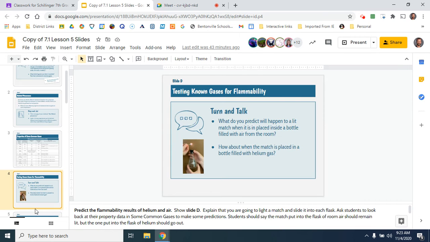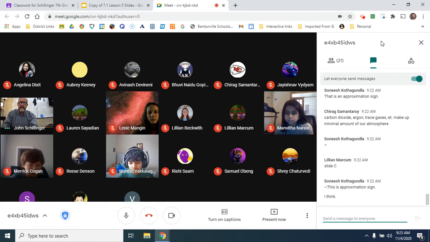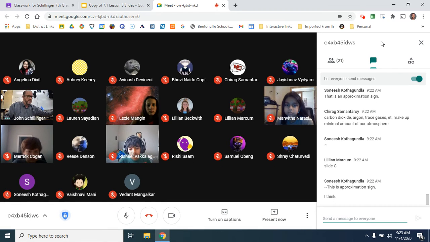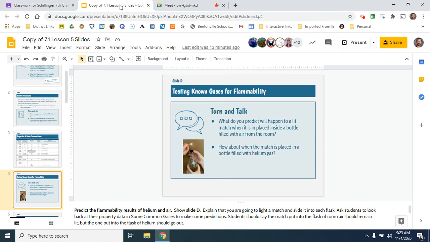So what we want to do, if we go down to the next one, it asks you, what will happen if I take a match and I put it in a jar with air from the room in it?